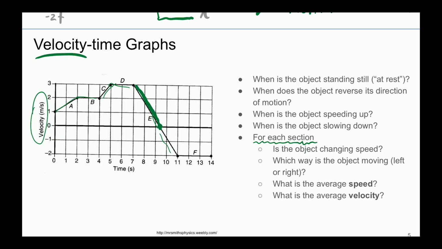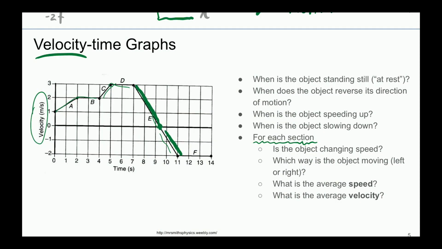What might not be as intuitively obvious, but would be correct to say, is that the object is speeding up on this segment. And it's because the velocity magnitude is getting bigger and bigger. Speed is just the magnitude part of velocity. If you remember one thing, that's a good thing to remember.